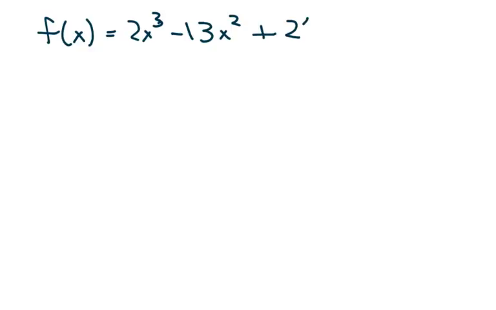Okay, the next problem is f of x equals 2x cubed minus 13x squared. My 3's are awful. Okay. Plus 24x minus 9. Now, my step 1 is to see how many at most zeros we can have.